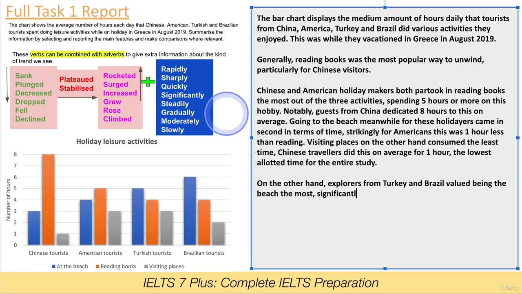Significantly, Brazilians put aside 6 hours for this activity.